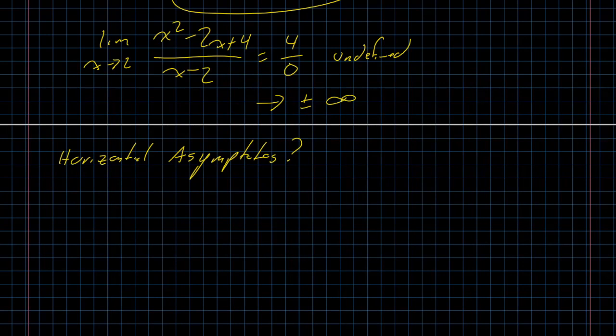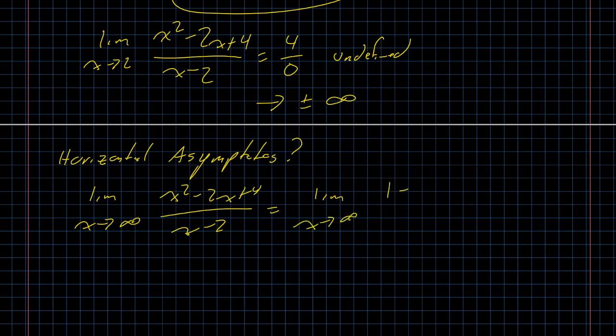All right, so we're going to look at the limit as x goes to infinity of x squared minus 2x plus 4 all over x minus 2. And if we tested that right away, we'd find that it was infinity over infinity, which is an indeterminate form, which means that we need to simplify.